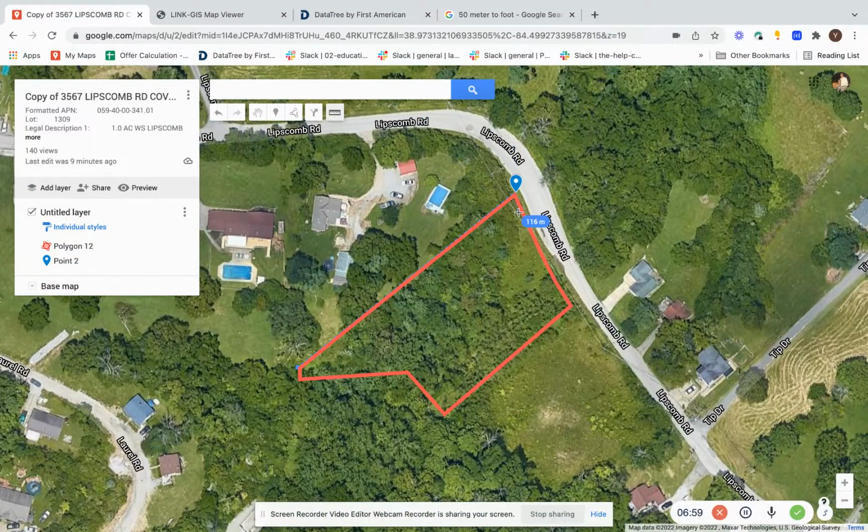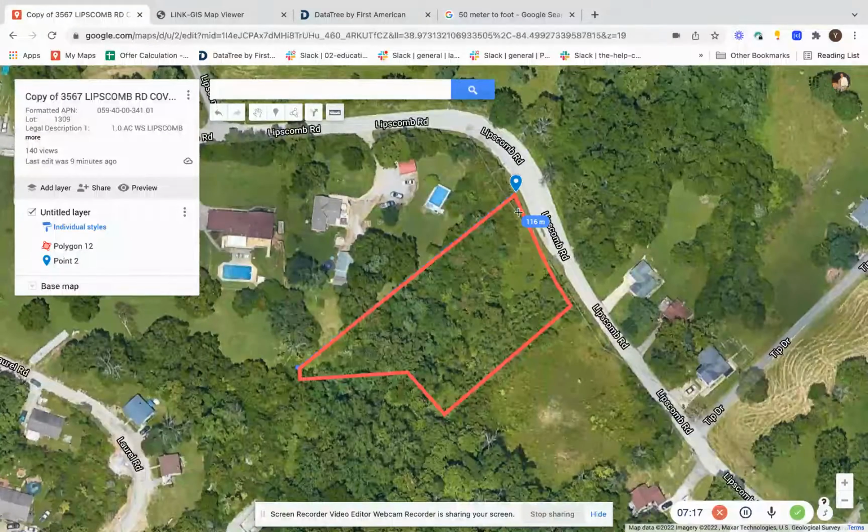Now, sometimes when we buy land, just like this one, the prior owner or any prior owner may have had the land already surveyed. In this case, the current owner doesn't seem to have surveyed the land before, and he doesn't know if anybody surveyed the land before him, or her rather. She's a lady.